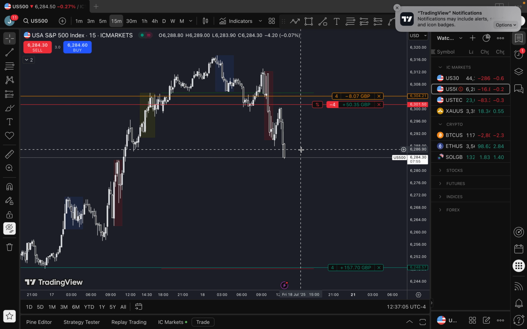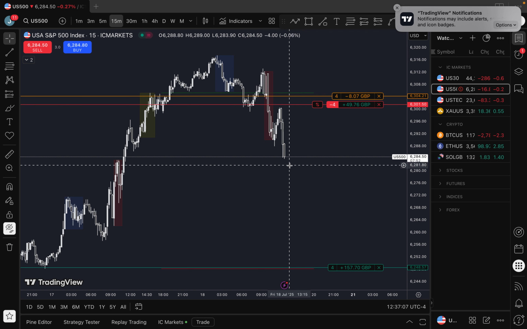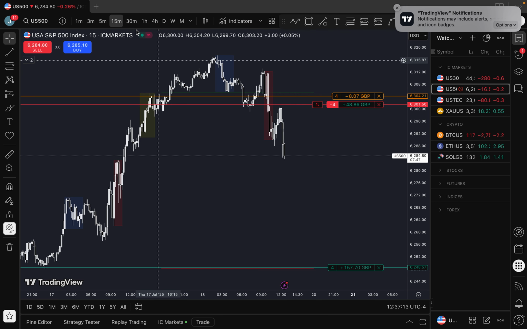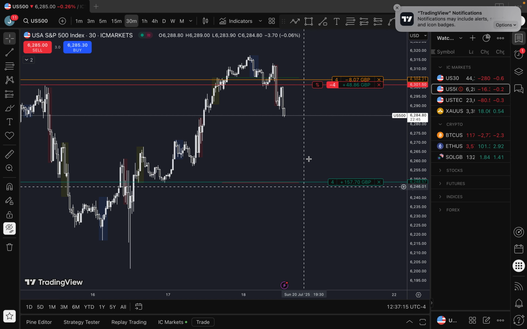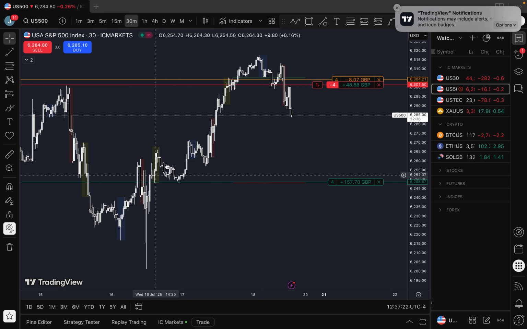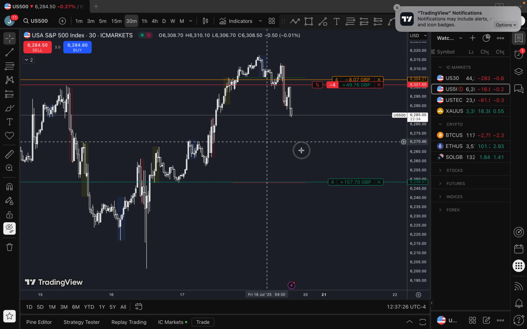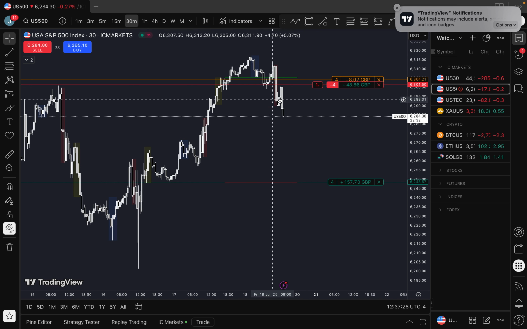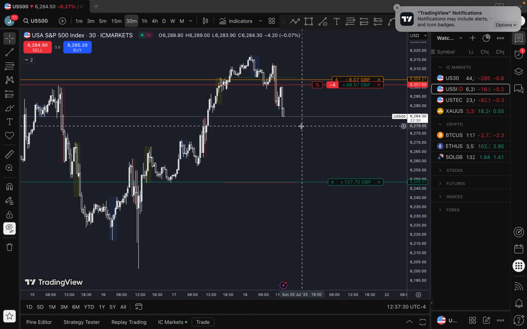Close 50, I can make 37.50 now, and then still be on for the rest. Yeah, just seeing how we go, because ultimately we do have this 30-minute imbalance that we didn't touch on Wednesday evening going into Thursday. So, you know, we could see that play out.